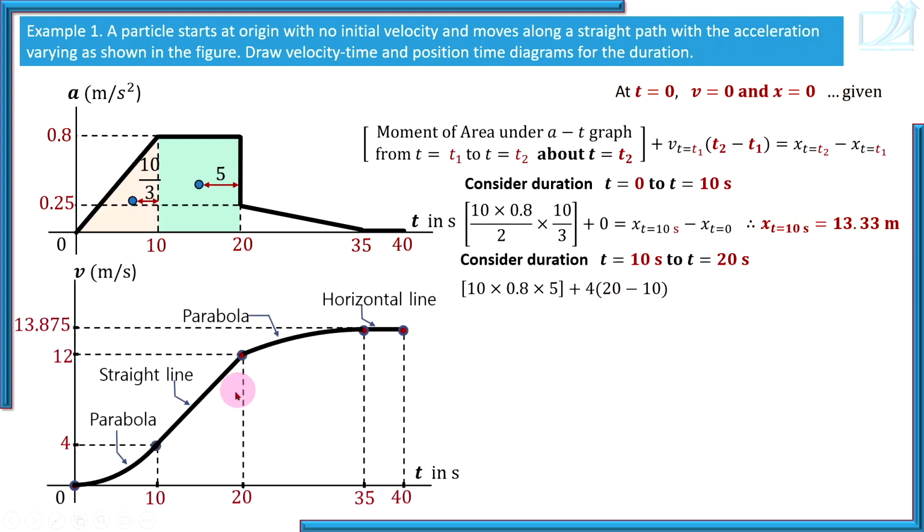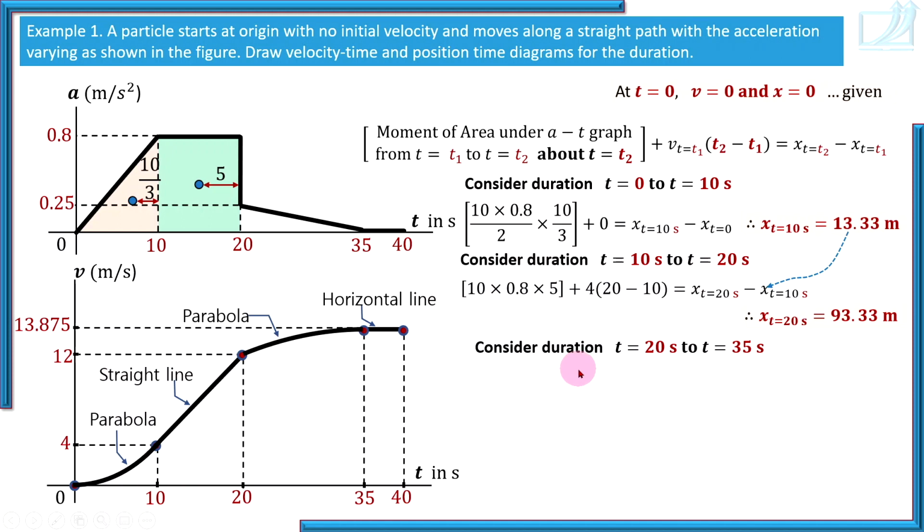So check, in the earlier v-t diagram, we have already shown that velocity at t equal to 10, that is equal to change in position, x at t equal to 20 seconds minus x at t equal to 10 seconds. Now x at t equal to 10 seconds is 13.33, put it here, and you have found out the value of x at t equal to 20 seconds. So this is the position at t equal to 20 seconds.